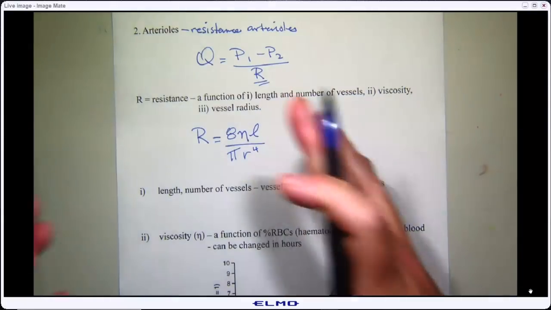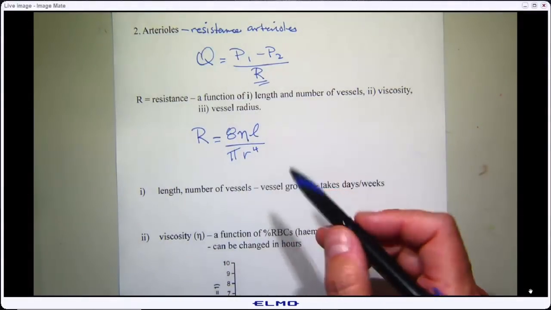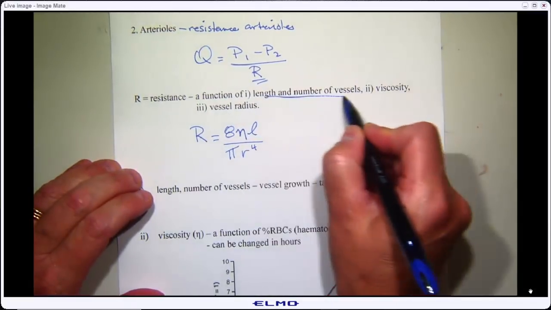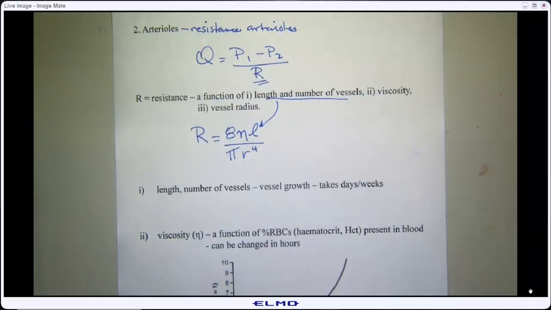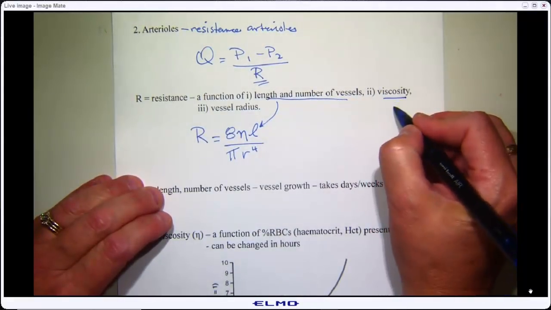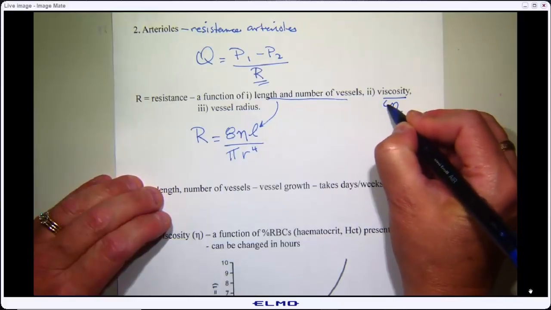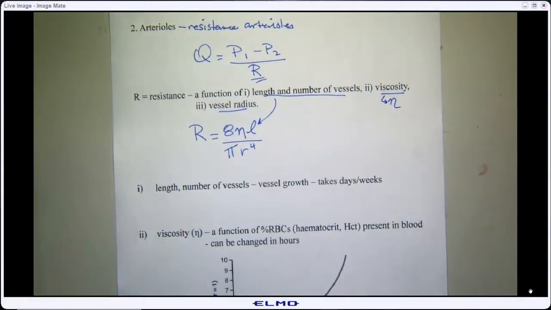So if we look at all the determinants of resistance, we've got a constant in the numerator, so we're going to abandon that. The length and the number of vessels is indicated by L there. The viscosity is that weird term. And the vessel radius. Okay, so that's how they're related.